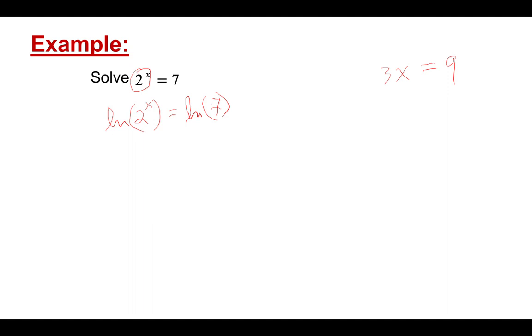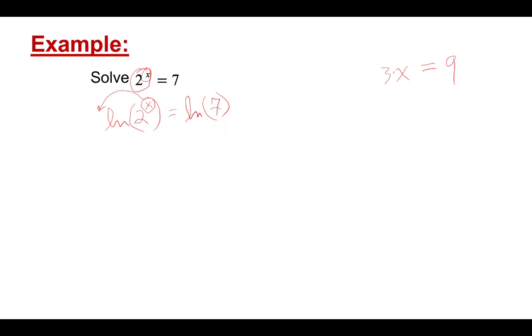In this case, because I have this power here, I want to use a log, because I know that logs have a property where I can pull this down in front. So that's why I'm choosing to use that. Just like because this is 3 times x, it's going to be easier to undo it with division. I could certainly throw something weird at it, but it's not going to help me solve it.